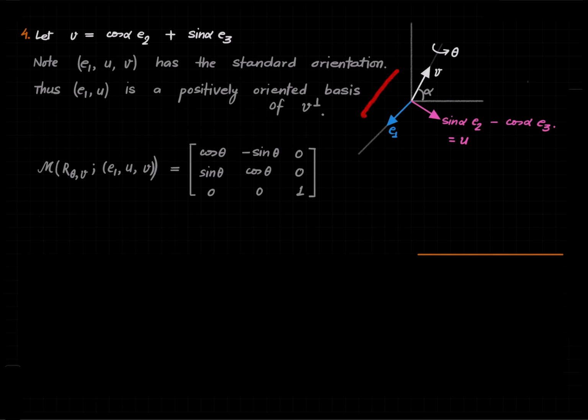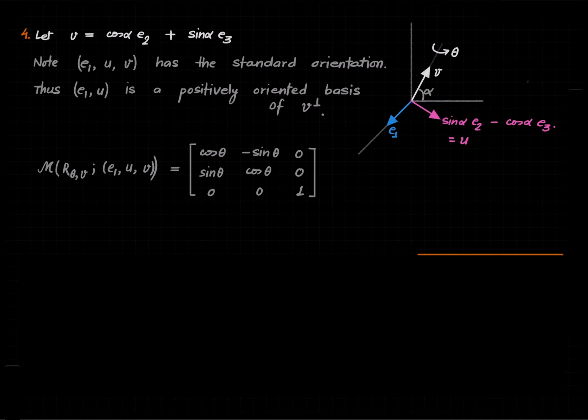Nothing is going on. You have this hyperplane where this blue comma pink is the correct oriented basis. So E1 is getting rotated by theta, and this U is getting rotated by theta in that way. So it's just a copy of the Euclidean plane, E1, and this U is playing the role of E2. And this is the matrix that you get for the rotation of E1 and U, and that is just getting appended by this extra thing because this perpendicular dimension is undisturbed by the rotation. So this is an exercise, but I've explained it visually what it means.